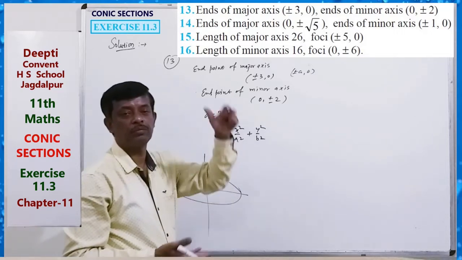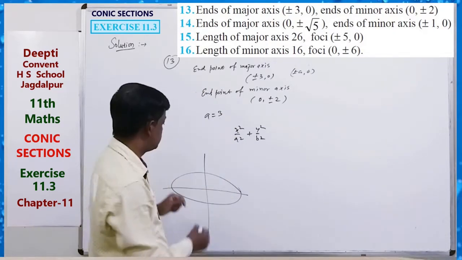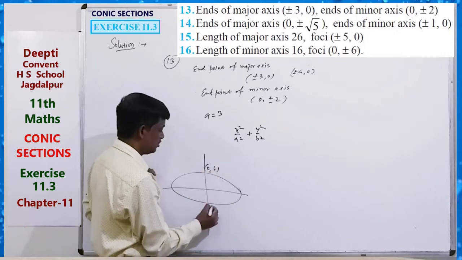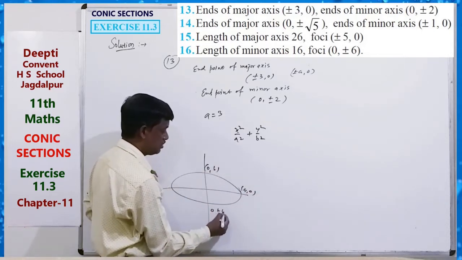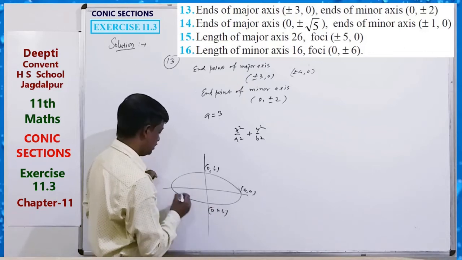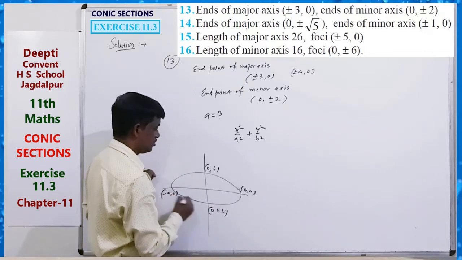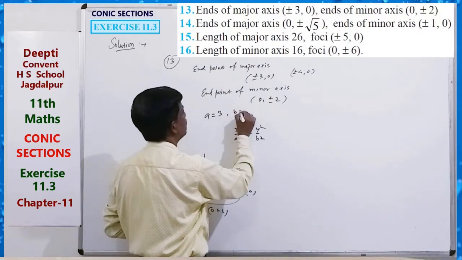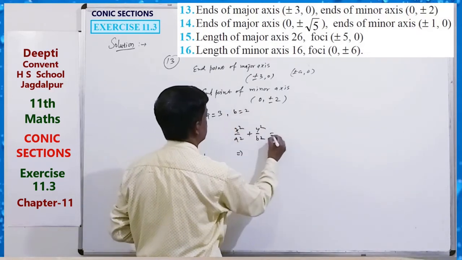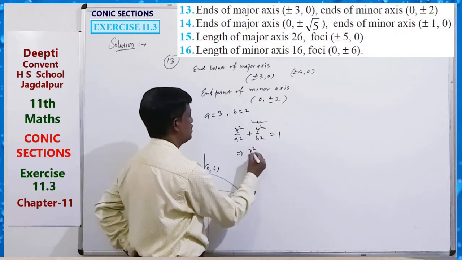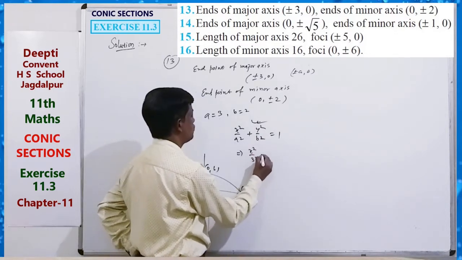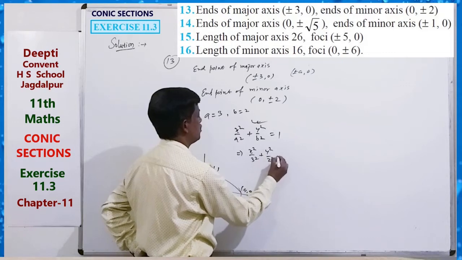And the endpoints of the minor axis are 0, b and 0, minus b, and here the x coordinate is 0. So here b equals 2. Just put it here. This will be the format. So x square by 3 square plus y square by 2 square equals 1.